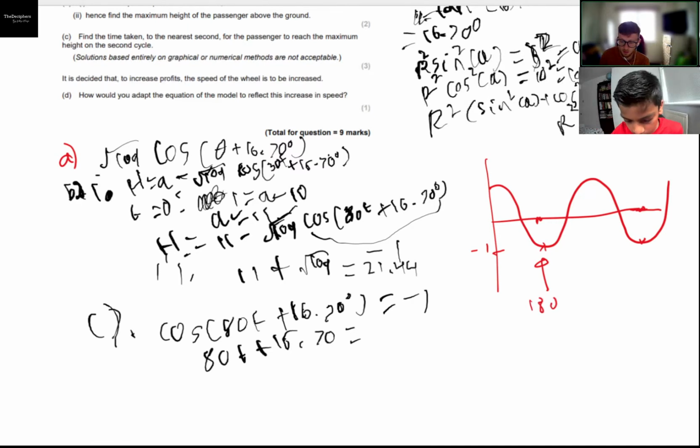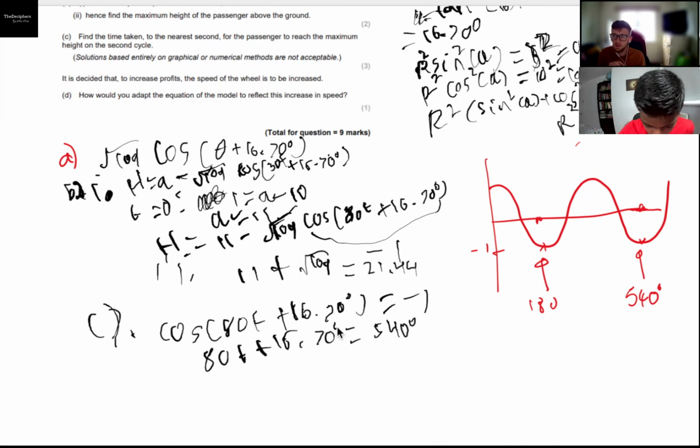And then the next one is 180 plus 360, I think it's 540. Yeah, it's 540, because the period of the cos graph is 360. So that's what we need our angle to equal, 540.